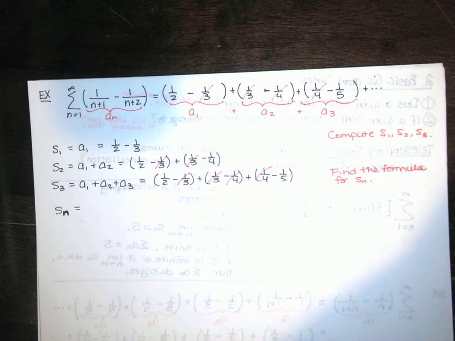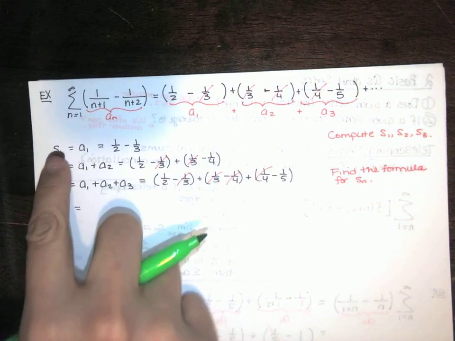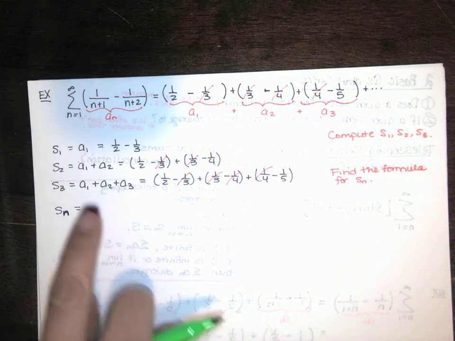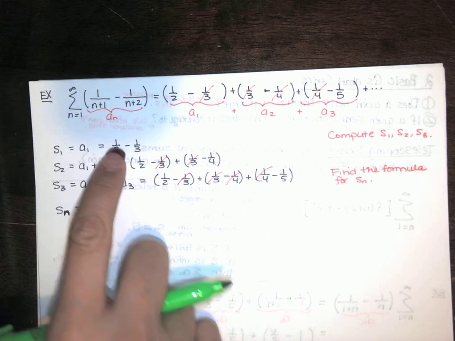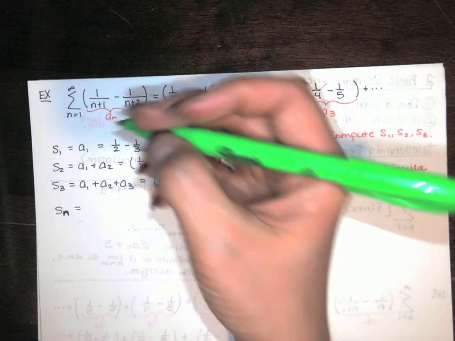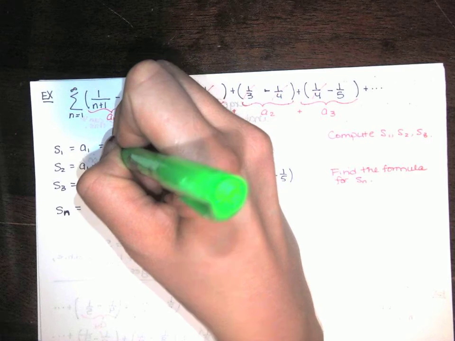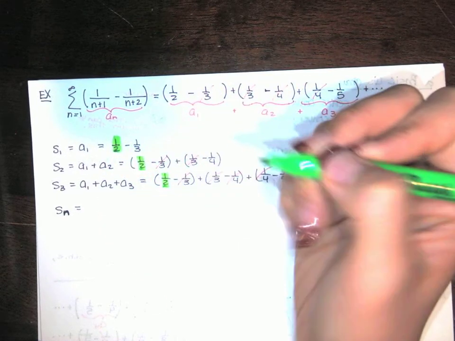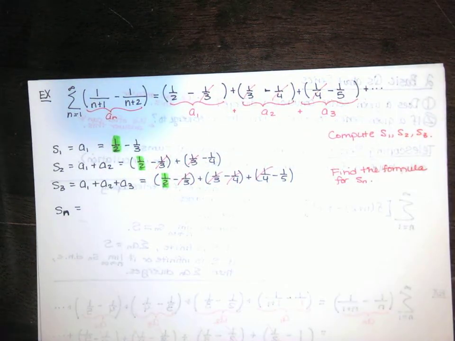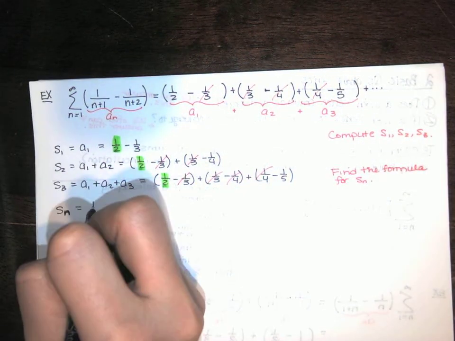Okay, so let's first identify what's staying the same as we go from partial sum to partial sum. So this has a 1/2 in it, this has a 1/2, and this has a 1/2. So looks like that 1/2 is never going to reduce. There's never anything that's going to cancel with that. So what's staying the same is the 1/2s. So the first thing I can write down for S sub n is a 1/2.